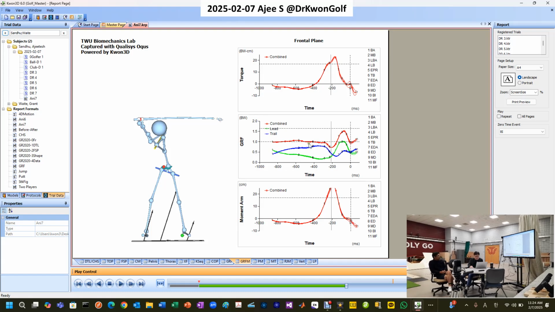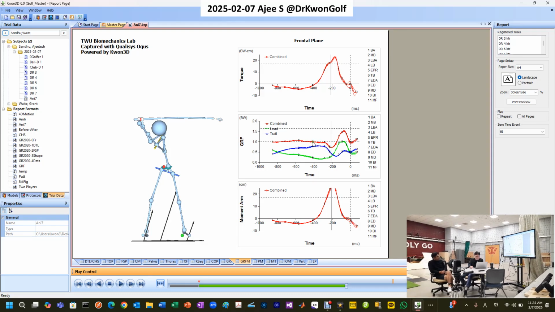If you have a continuous unweighting up to this point, that means you should also have a larger positive side, right? This goes up here. So when you want to have a reasonably large vertical ground reaction force here, you should have good unweighting. That unweighting is from a continuous unweighting.